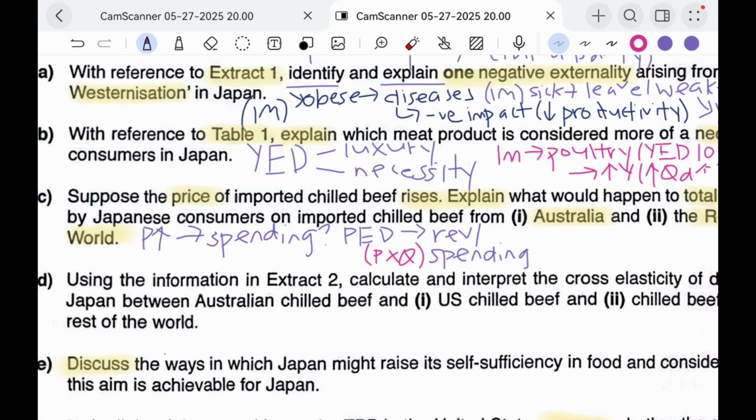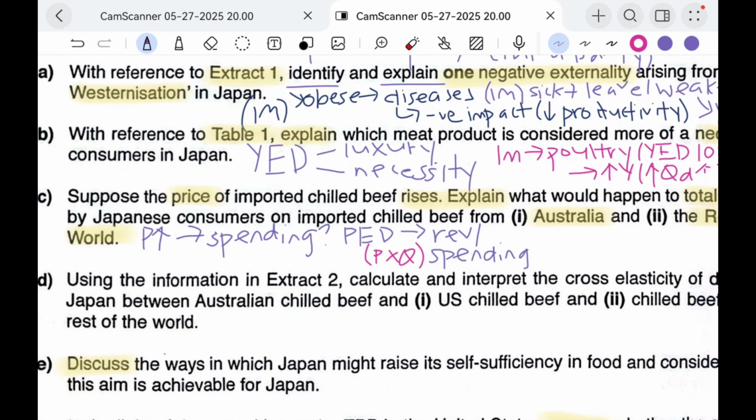You just need to know that, for this part, I need to apply PED. That's all. Okay. So you also recall that after YED just now, the table below, table 2, actually talks about PED. So just nice. The answer is there already. You just have to apply it accordingly. So back to content. When we look at the link between PED and revenue or spending, in this case spending, how do we apply?